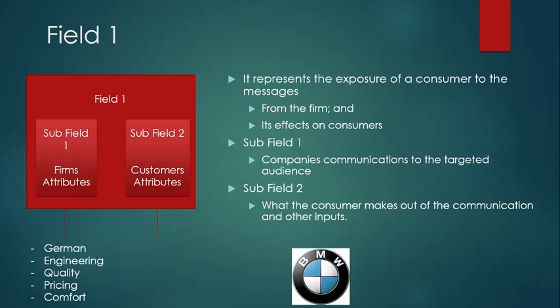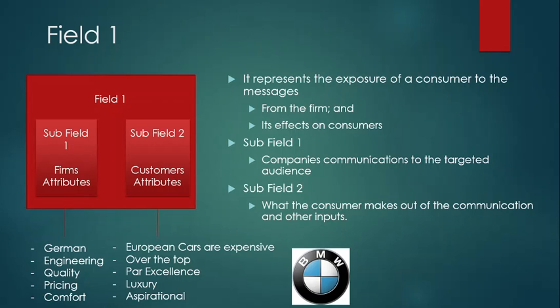Now let us see the customer attributes, what the customer makes out of the communication. The firm attribute is German, and the customer attribute is that European cars are expensive, the engineering is over the top, quality par excellence, the pricing luxury, and comfort aspirational.